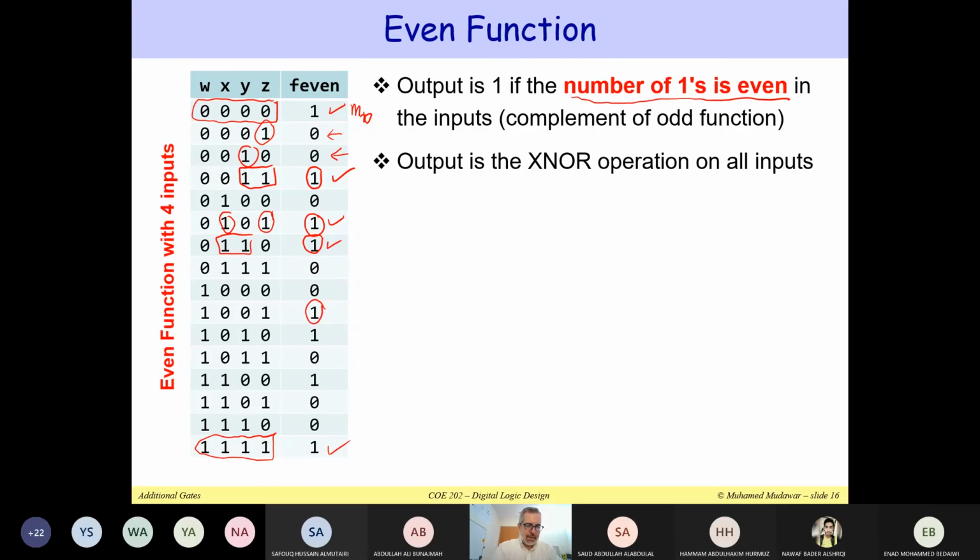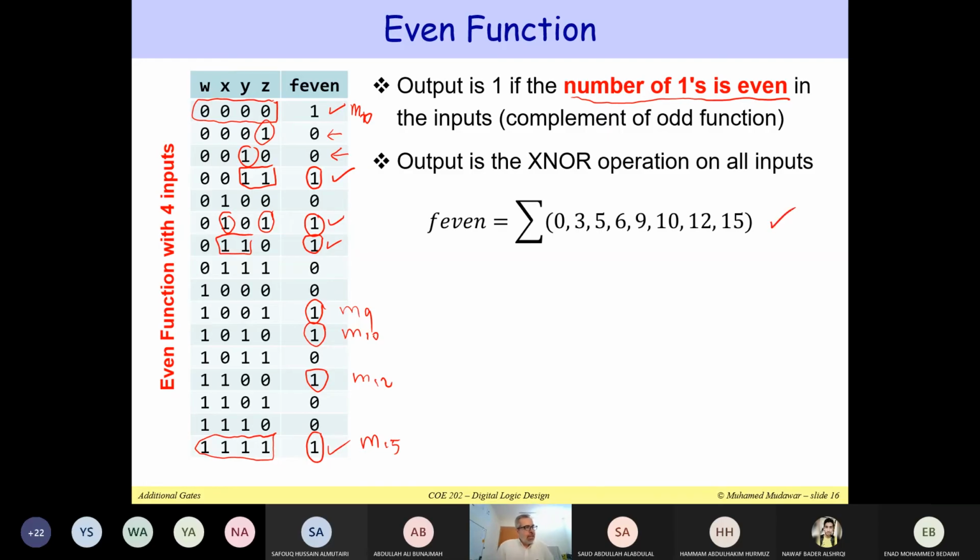Next one? 9. Yes. 10. Yes. So it's really easy. How about this one? 12. Yes. And how about this one? 15. Exactly. Minterm 15. So I can write it in sigma notation. This is actually my sigma notation. It's the sum of these minterms.